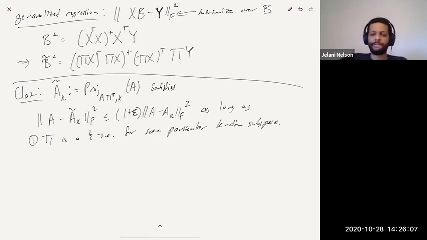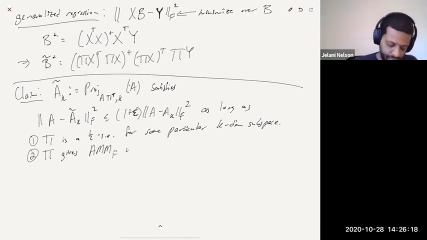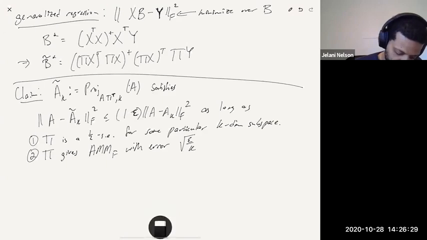It'll come out of the proof. And two, pi gives approximate matrix multiplication guarantees with respect to Frobenius norm with error something like O of square root of epsilon over k. And maybe here I should put an epsilon to be safe.